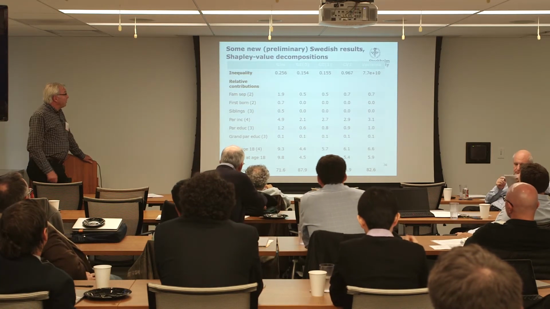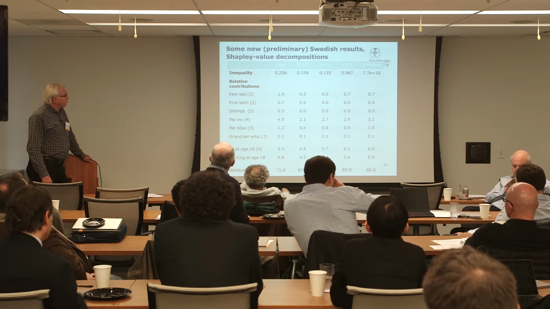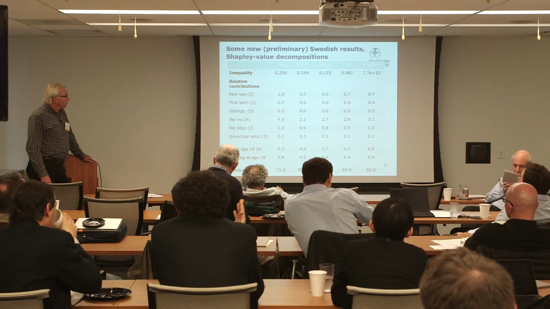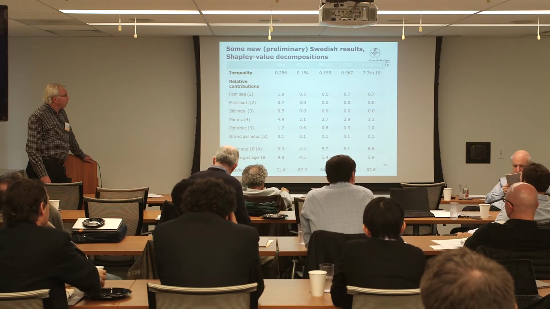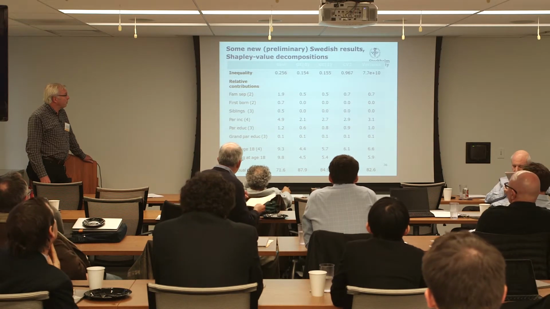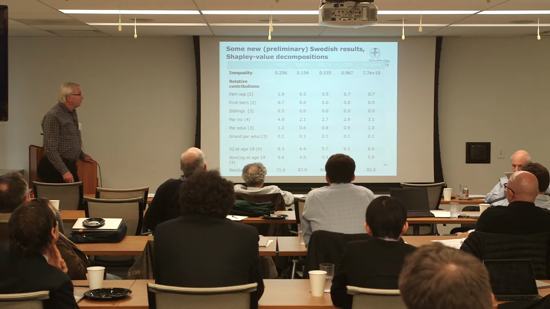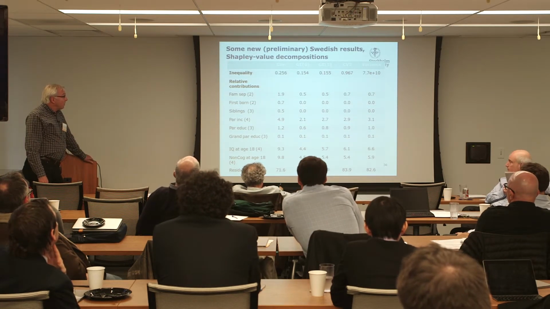And here we have some very preliminary Swedish results. It's income, and we have inequality here in terms of Gini, 0.256, and other measures for the other inequality measures.